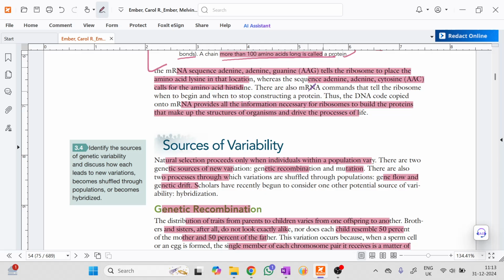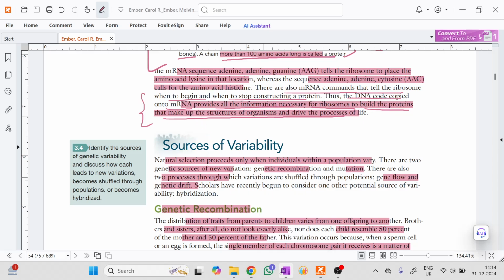Then there are also mRNA commands that tell the ribosome when to begin and when to stop constructing a protein. Thus, the DNA code copied onto mRNA provides all the information that is necessary for the ribosome to build the proteins that make up the structure of the organism and drive the processes of life.